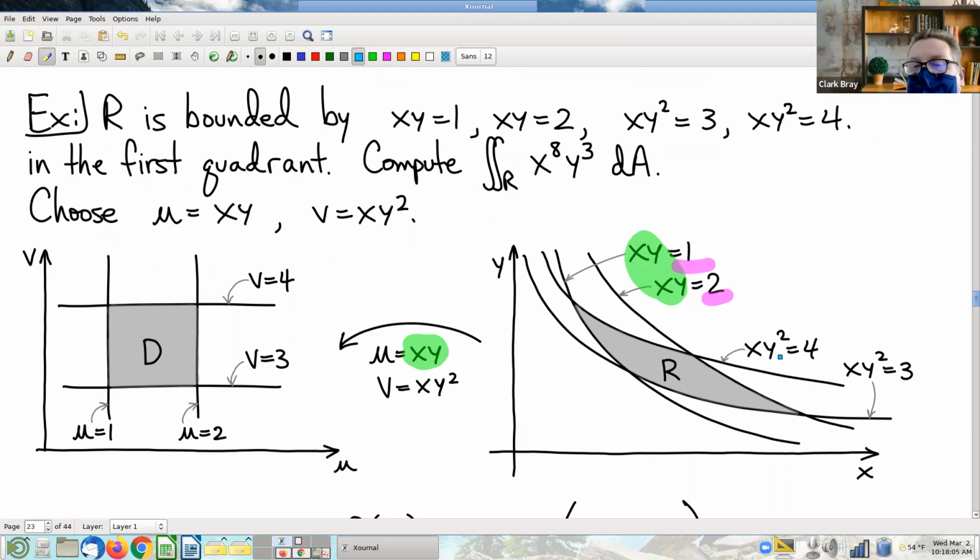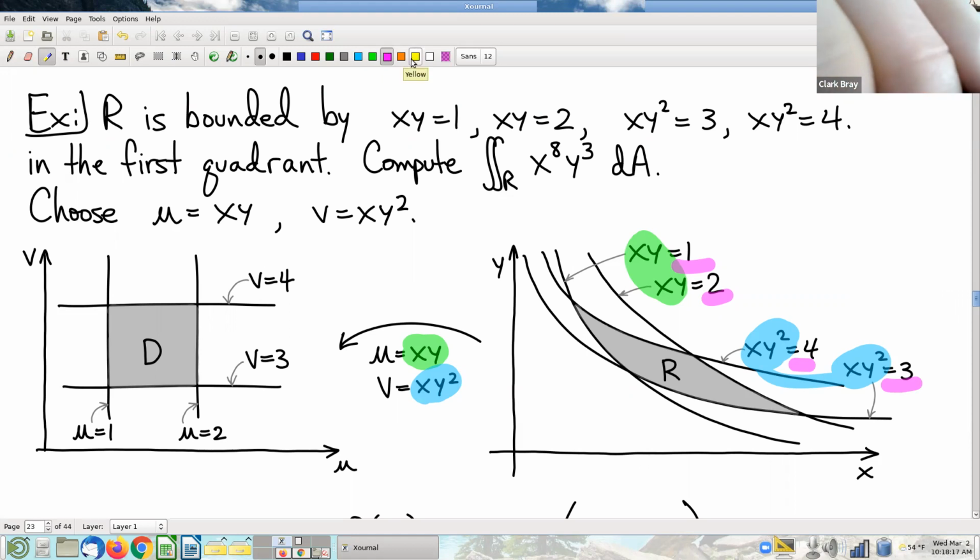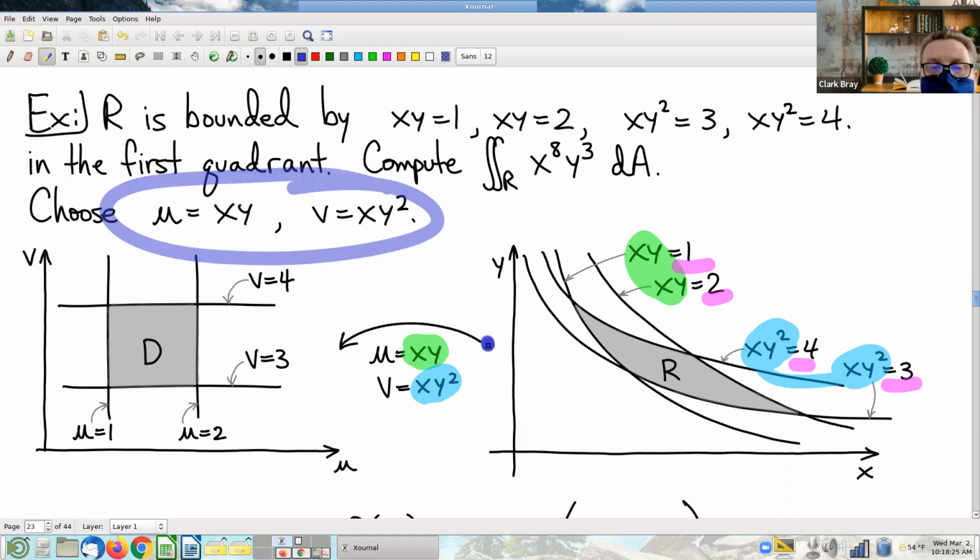And then there's xy squared. That's equal to a constant on the other two edges. That gives you two functions, which together, I'll use this color, define a function that goes this way.